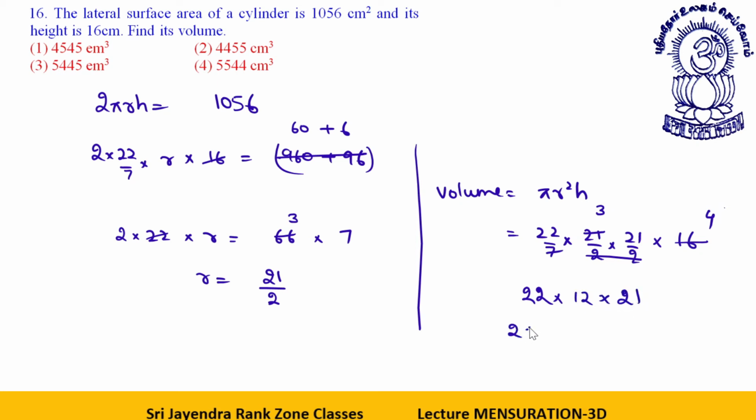Or I can say this is like 2 into 11 into 21 into 12, which will be 210 plus 42, 252. So 11 into 504, 2 into 252. Now 4 into 11 is 44, 11 into 5 is 55, so 5544 centimeter cube, which is the option. Option number 4 is your answer.